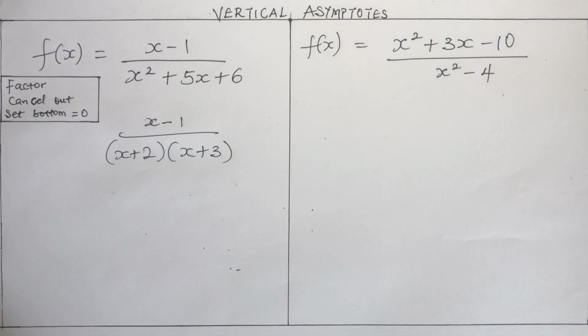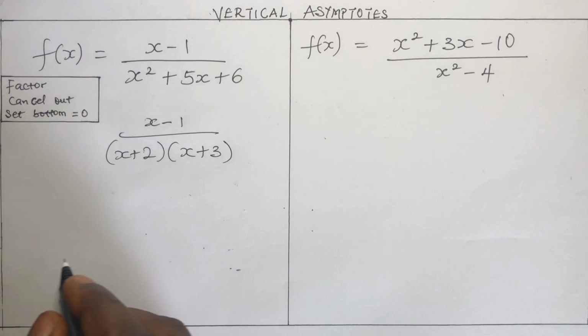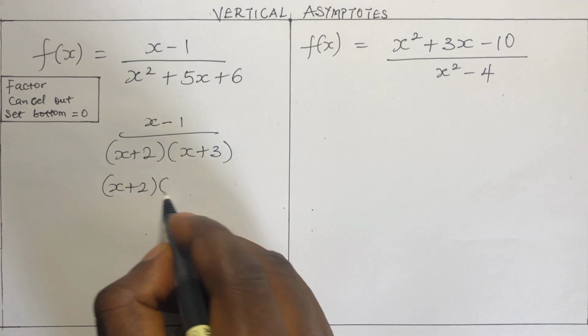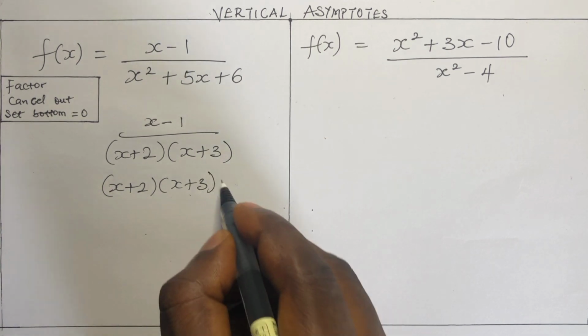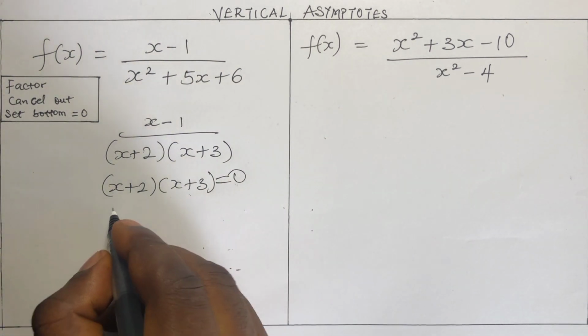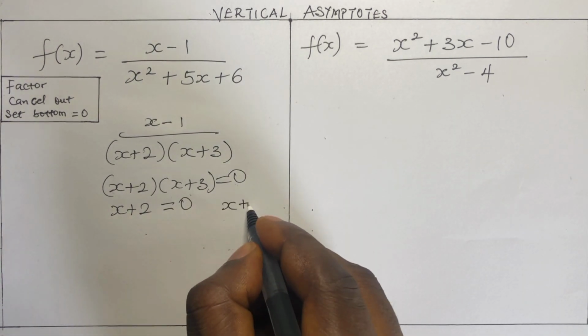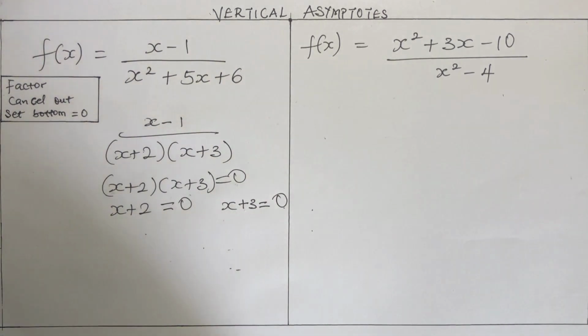So what we do is set the denominator equal to 0. So we'll have x plus 2 times x plus 3 equal to 0. If we separate these factors, we'll have x plus 2 equal to 0 and x plus 3 equal to 0.